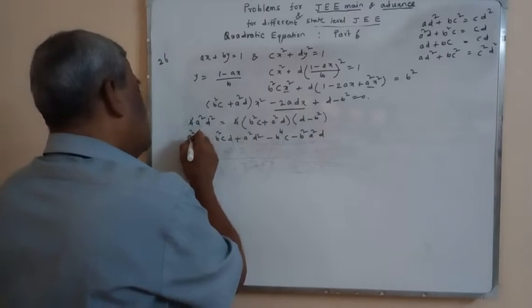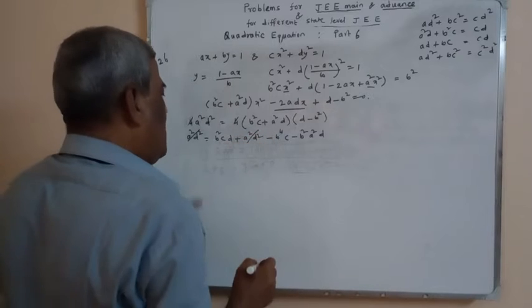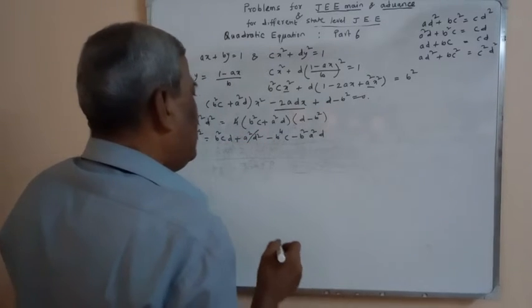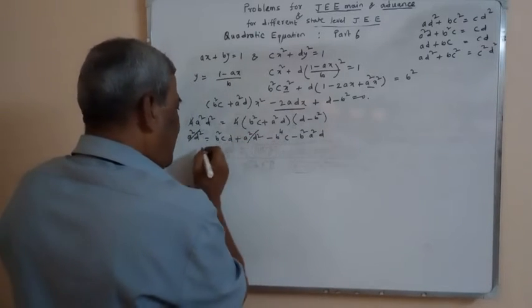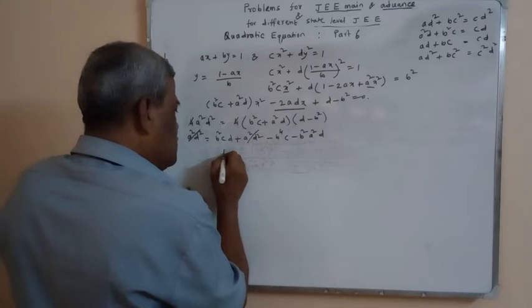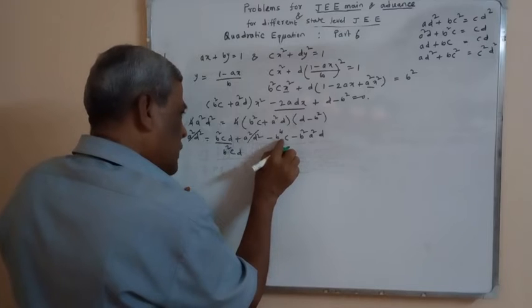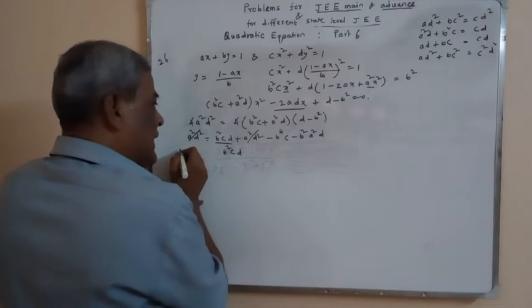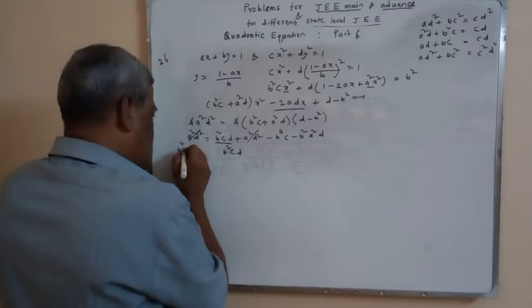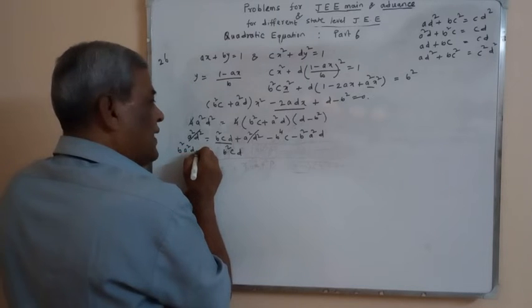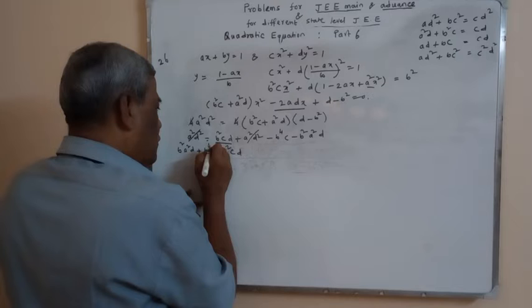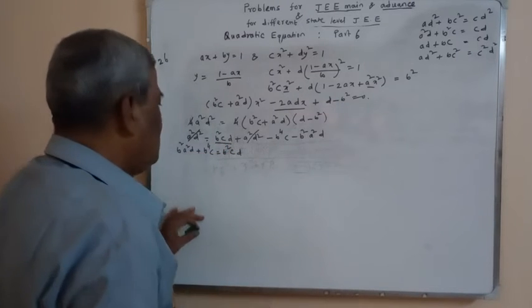Now a square d square cancels from both sides. So we have b square c into d is equal to this and that. That is b square a square d plus b to the power 4 c is equal to that.